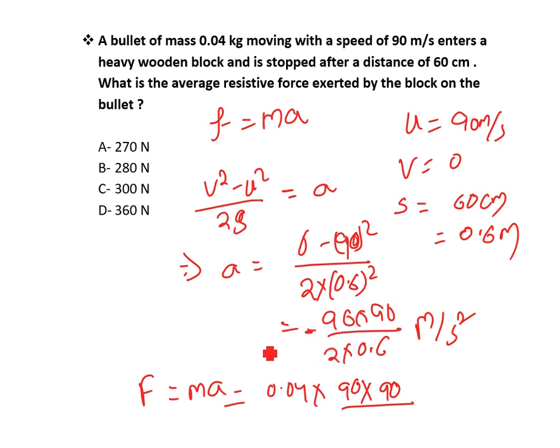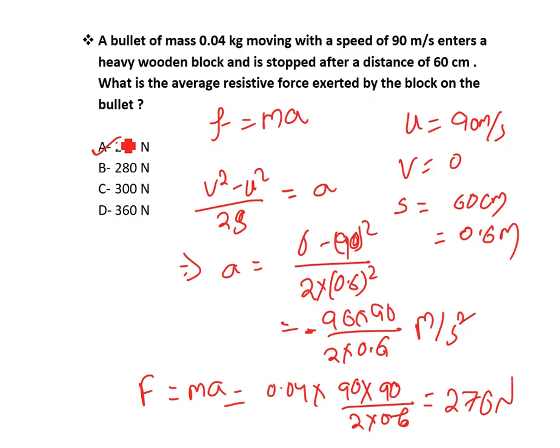It is negative, as it is showing negative acceleration. That means its velocity is decreasing, which indicates that the force is a resistive force applied opposite to the direction of movement of the bullet. If I calculate, its value is nearly equal to 270 Newton. So which is option A. So question number 4, option A.